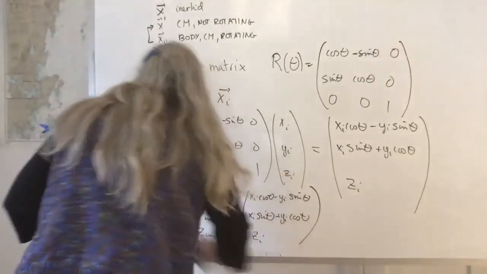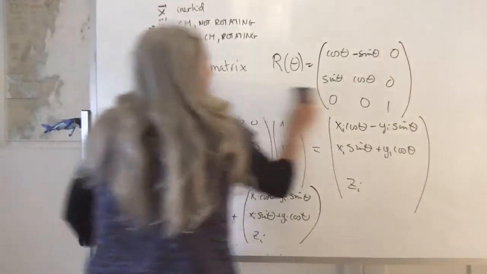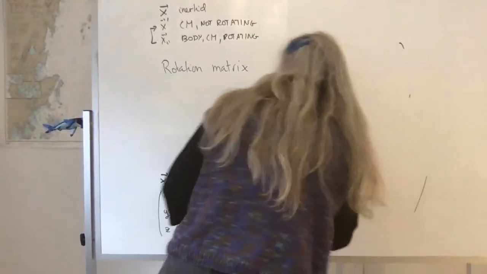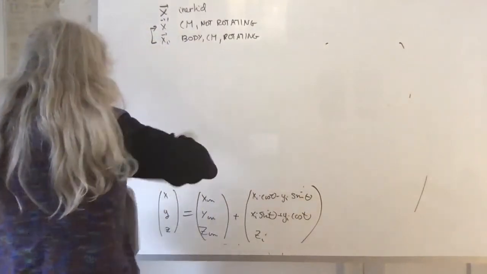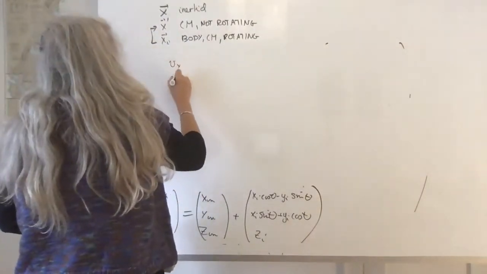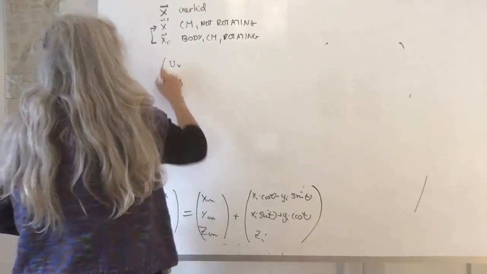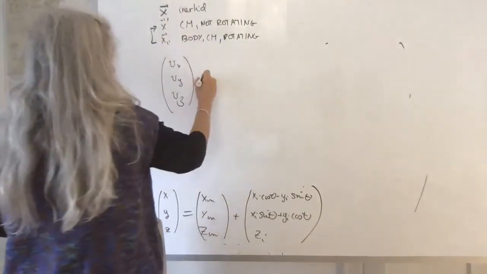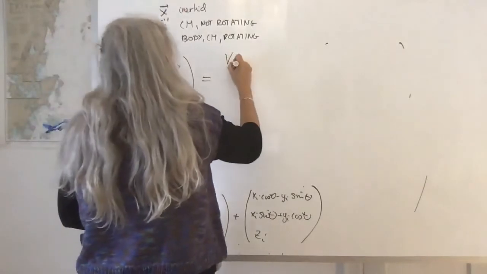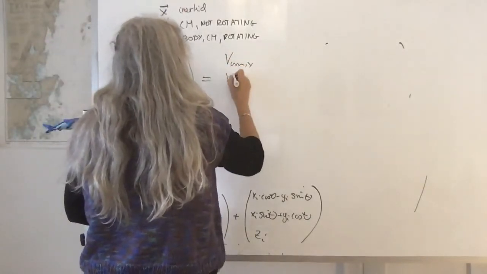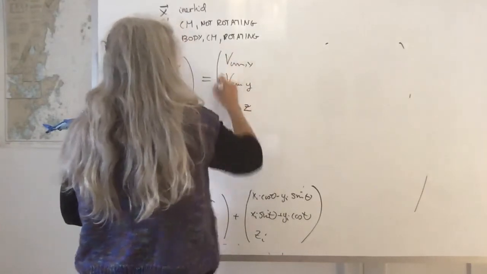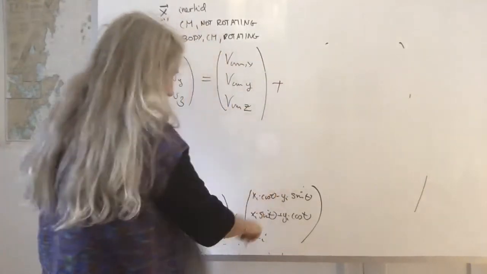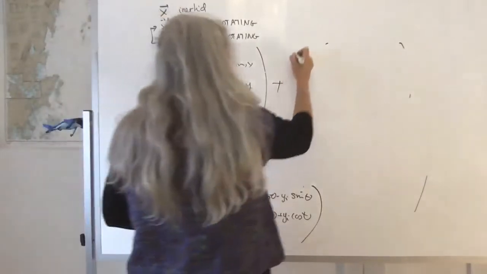So Vx, Vy, Vz, in the inertial coordinate frame, will be V center of mass X, V center of mass Y, V center of mass Z. It's a vector.